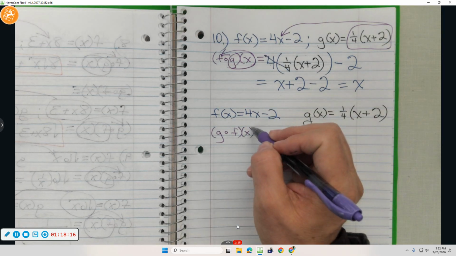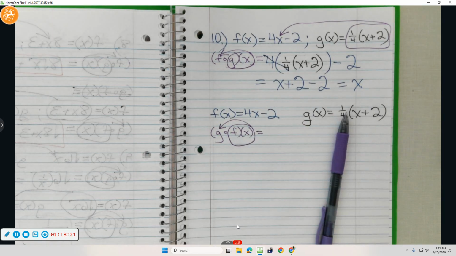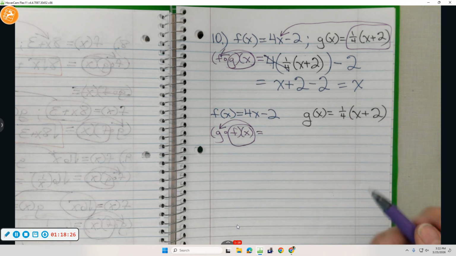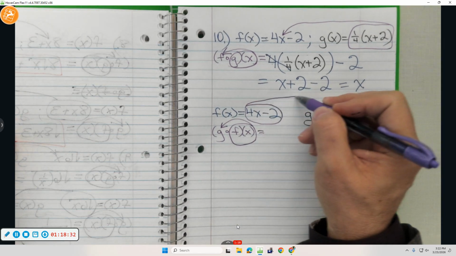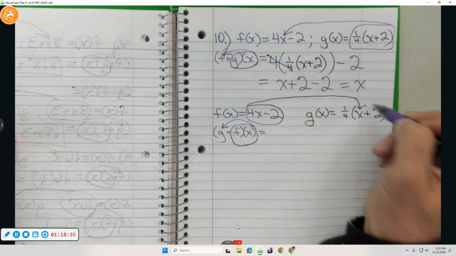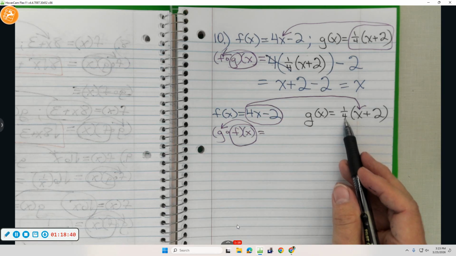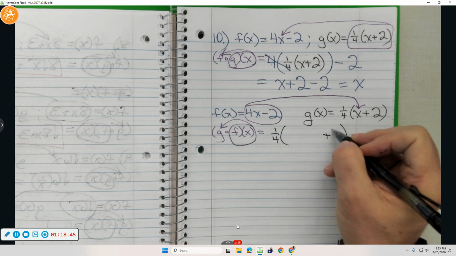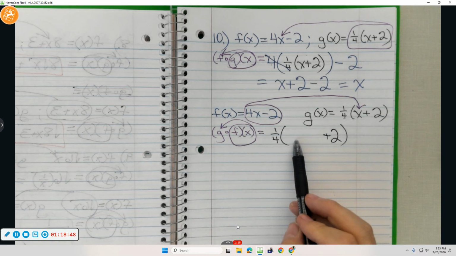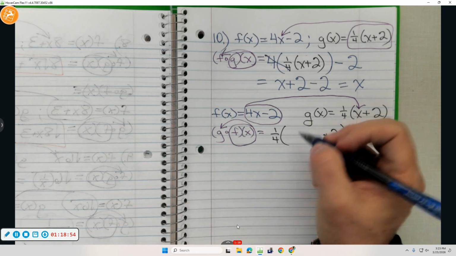That says take f of x and wherever you see a variable, plug it into g. So we're going to take f of x and plug it into g right there. Do y'all see what we have? We have a 1/4, and we have the parentheses. There's a plus 2 there. What am I about to write here? Which is 4x minus 2.